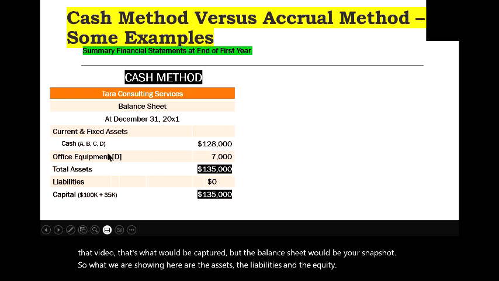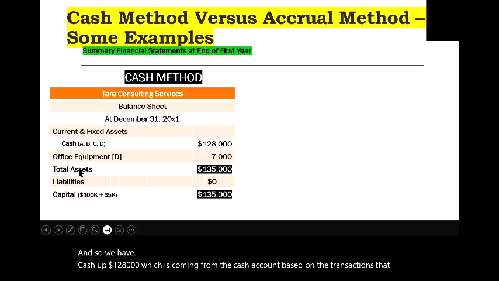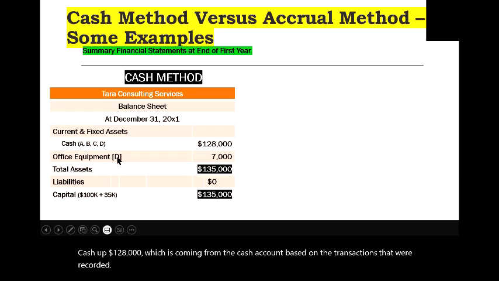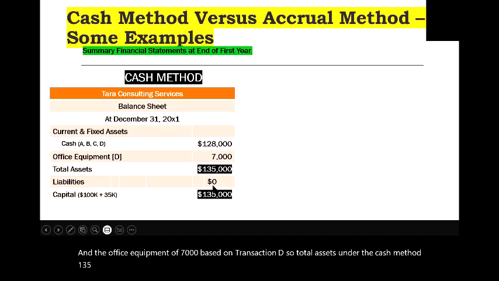And so we have assets, cash of $128,000, which is coming from the cash account based on the transactions that were recorded. And the office equipment of $7,000 based on transaction D. So total assets under the cash method, $135,000. And look at this.